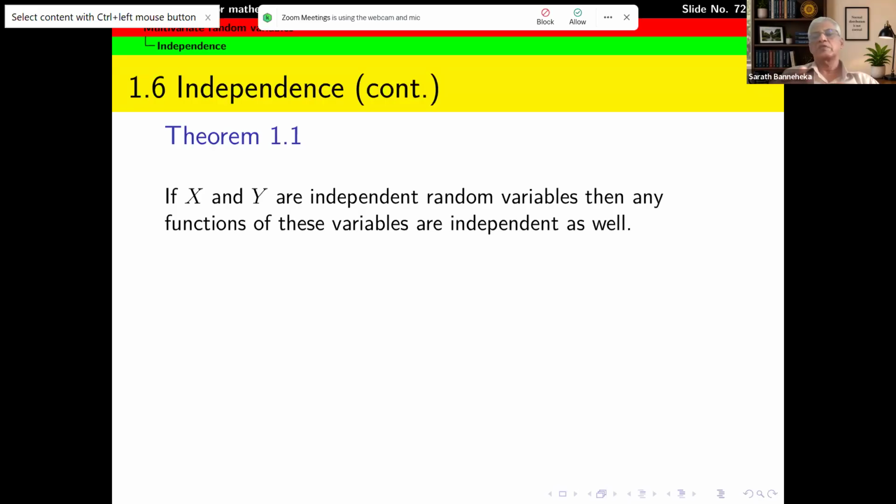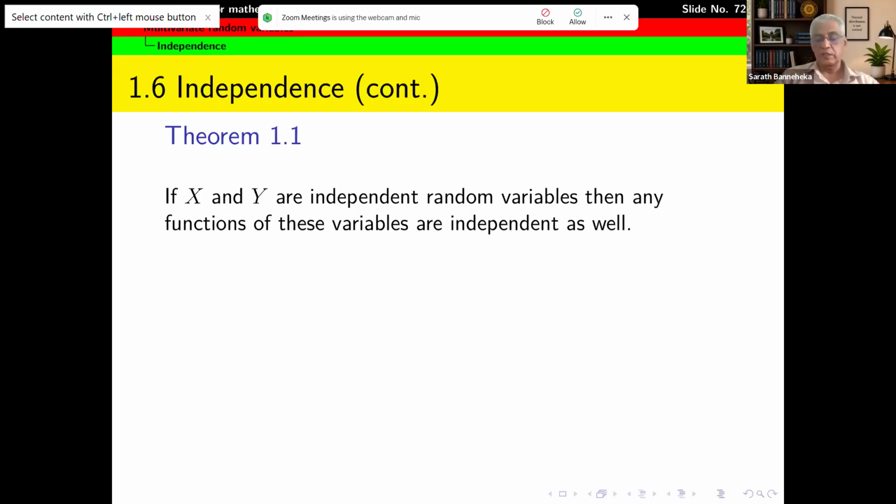If the Y value doesn't depend on X, then g of X doesn't depend on h of Y, and h of Y doesn't depend on g of X either.